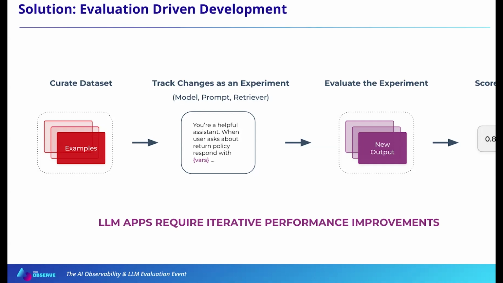You run that new prompt on top of your data set, and then you evaluate the experiment you just ran so that you can quantify the change you made to your application, right? As you make these changes quantifiable, you can track the downstream effects and prevent them over time. So the main idea here is to build some sort of iterative process around it.